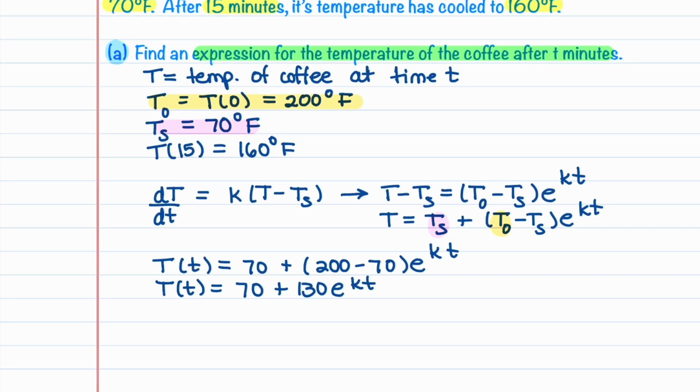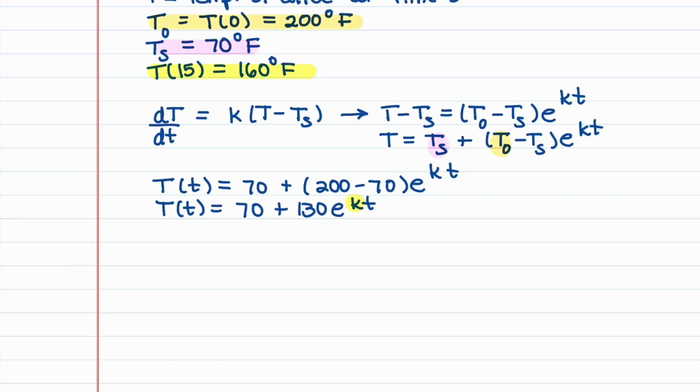Now what we have to do is find k, and we are going to use this last piece of information to find that. Now we're going to let t be equal to 15, so we have T at 15 is 70 plus 130 e to the k times 15, and this is all equal to 160.